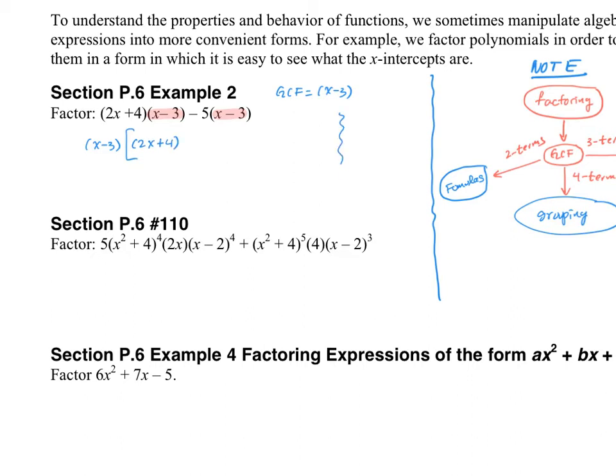Now if it wasn't obvious, you could have done this. This takes longer, but you can see for yourself that this actually makes sense. If you were to multiply this by x minus 3, which is the GCF, you can see that this will cancel, so the only thing left will be the 2x plus 4. And that's how we got this value right here.